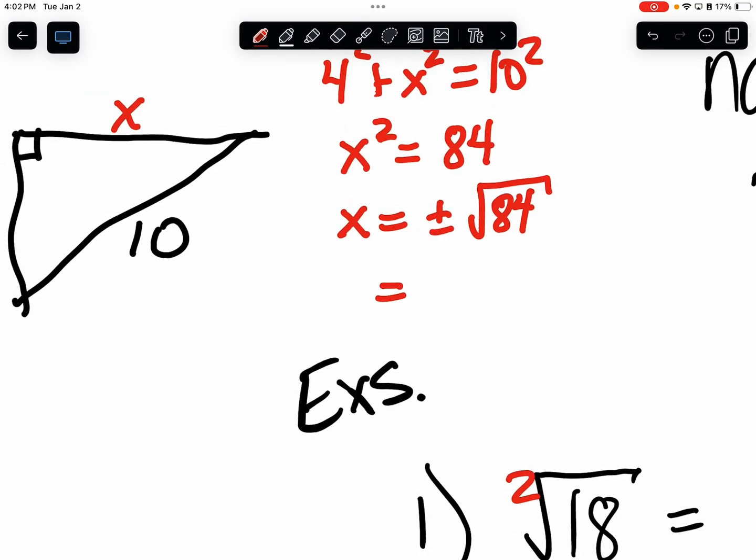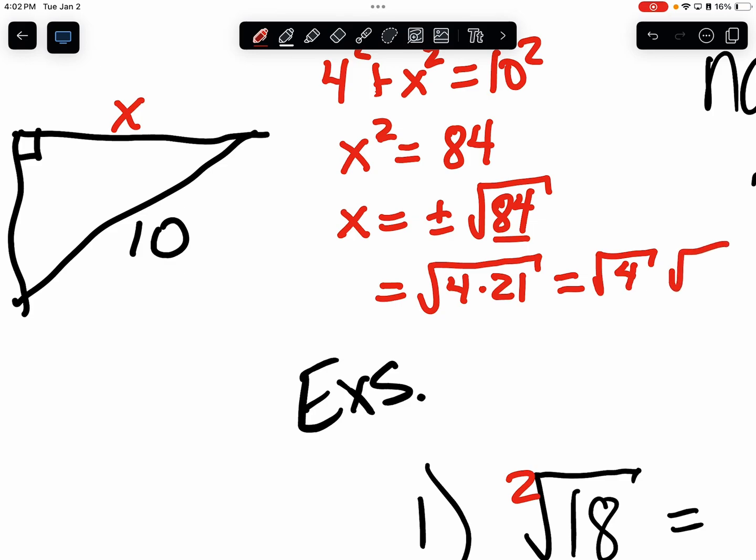And to do that, we look inside of the 84: is there any perfect square hiding? Lo and behold, we could change it to 4 times 21. And in this case, 4 is the only square that's hiding inside of 84, other than 1, which is a silly square to work with. But be that as it may, notice now when we do 4 times 21, we can break this up as radical 4 times radical 21.